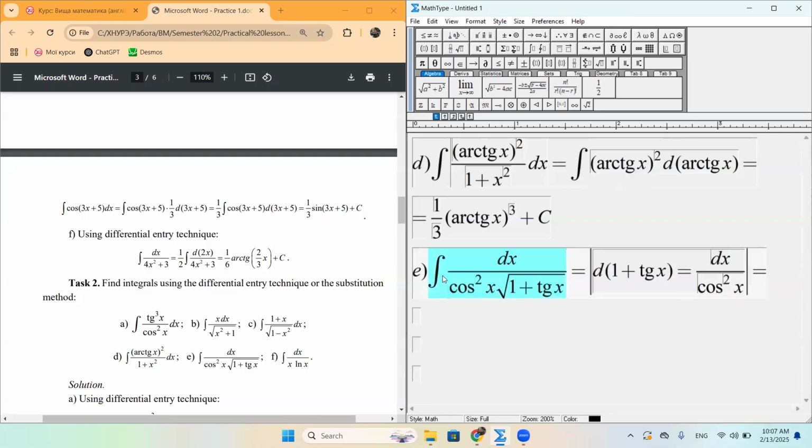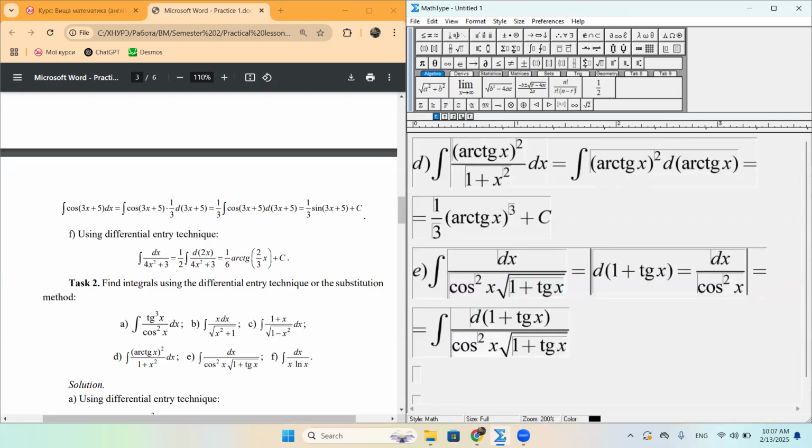Now let's simplify this integral. Power function. So we have 2 square root of 1 plus tangent x plus c. Any questions about this task? No questions. Okay.